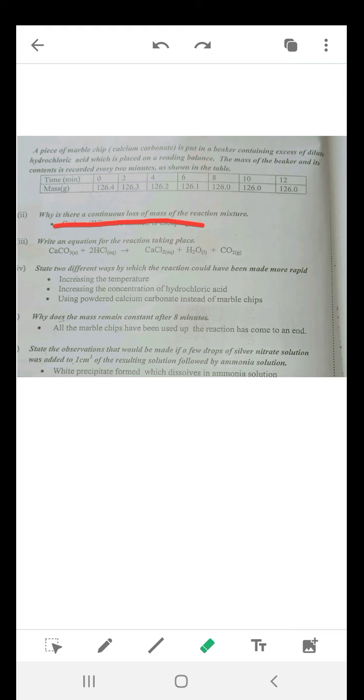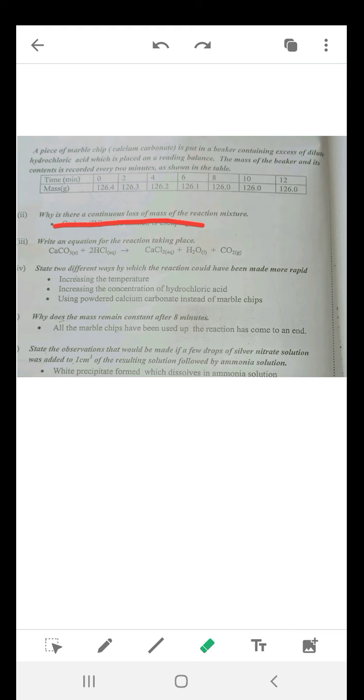Then, why does the mass remain constant after 8 minutes? After 8 minutes, we see the mass is remaining constant. Here we are using marble chips, calcium carbonate, with excess hydrochloric acid. So the reaction will take place, then after some time, all the calcium carbonate will have been used up. If there is no more calcium carbonate, the reaction will stop.